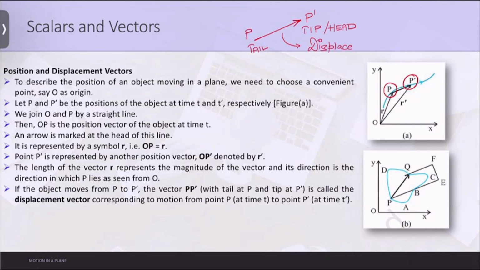That is how we can understand the position change in an object as it moves from P to P dash. So this is called a displacement vector corresponding to the motion from point P, at time t, to some point P dash, at time t dash. Okay, fine. So all these things were to be explained here.